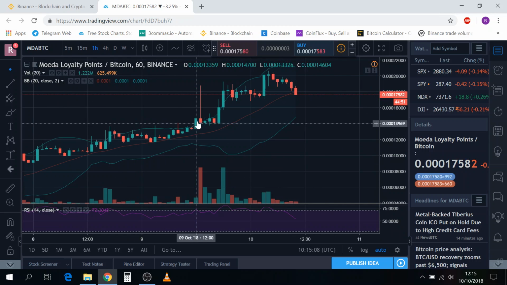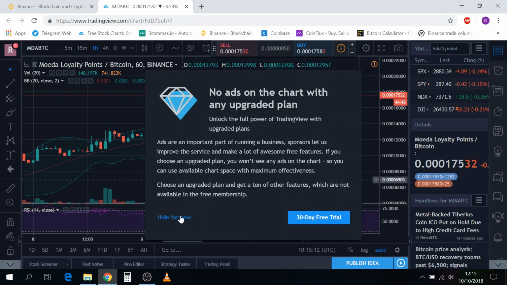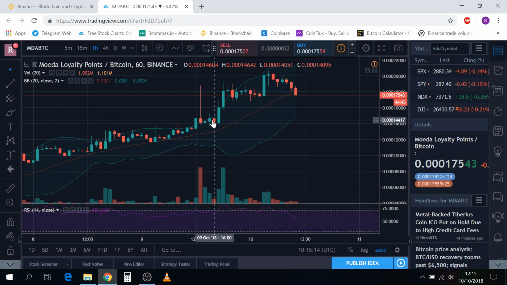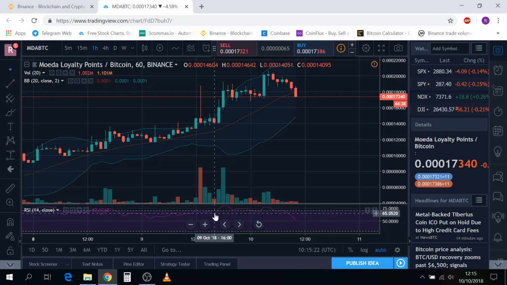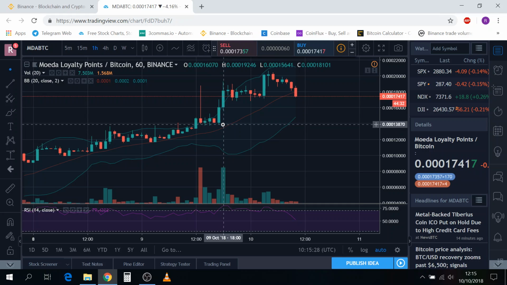Same thing happening here. It goes on top of the Bollinger Band. It comes down here. You see the RSI took a turn downwards, and then you see it starting to pump up again. You see the price went down to here, it was rejected, and then it starts to go up.